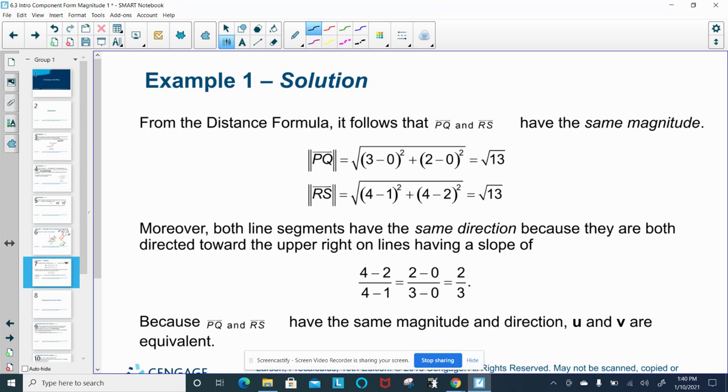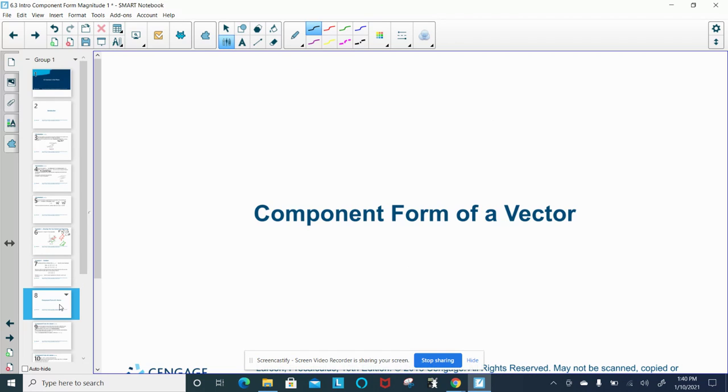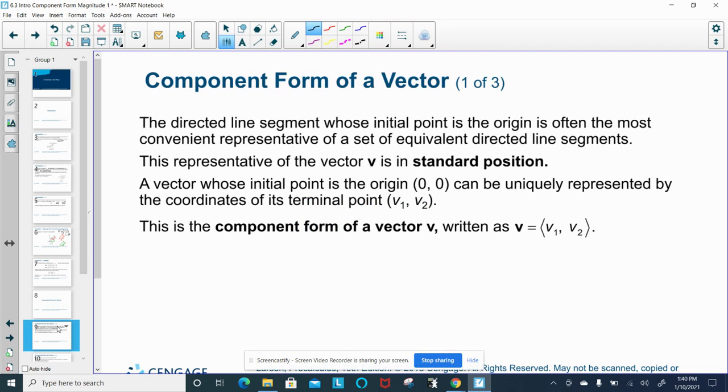Now, when we look at the direction, they both have the same slope. They're going up 2 and to the right 3. So they do have the same direction. They are parallel, and they are equivalent. Now, in terms of the component form of a vector, we will hear these words very often. What is the component form of a vector?